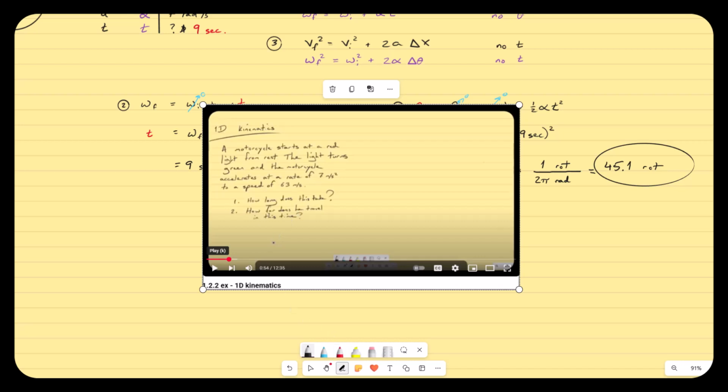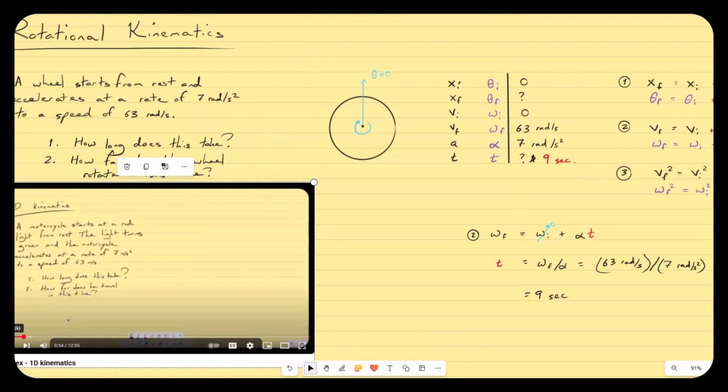This is a freeze frame from example 1.2.2 way back when we were doing linear kinematics. Exactly the same problem, except back then I had a motorcycle that was accelerating at 7 meters per second squared, going up to a final speed of 63 meters per second. I asked the same questions and I actually approached it exactly the same way.